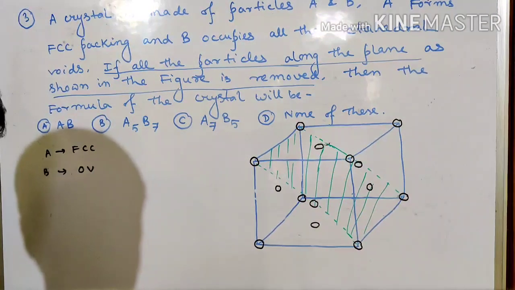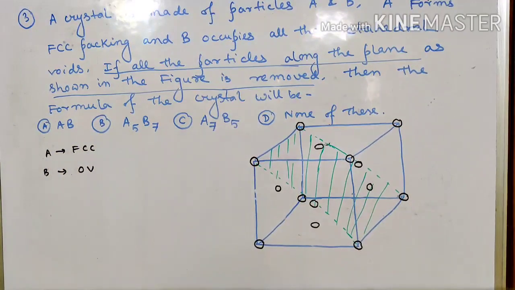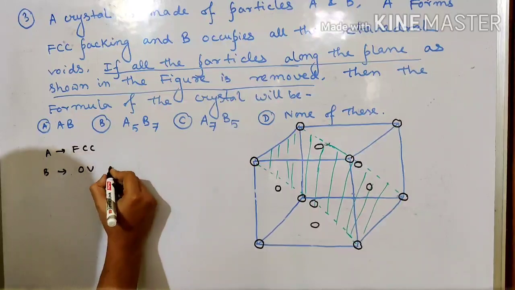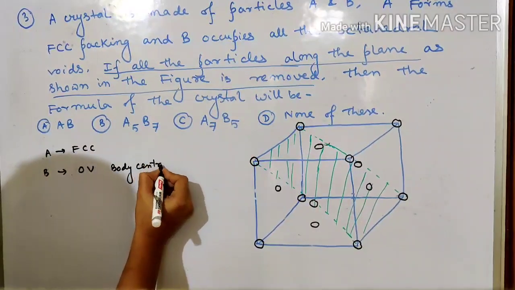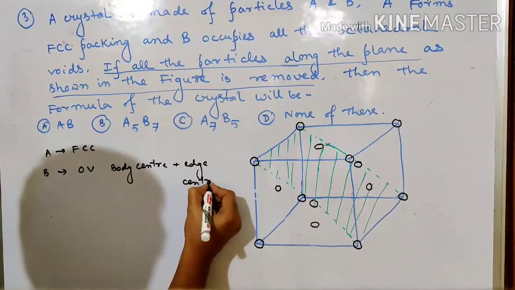Now, there are two types of B atoms. You know there are two types of octahedral voids: body center plus edge center.